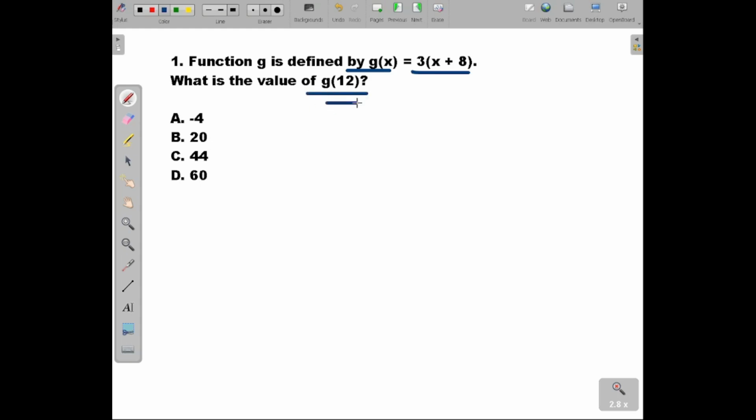We need to find g of 12, and that means that we have to replace in the function 12 for the value of x. So that's equal to 3 times, we said that x is equal to 12, so 12 plus 8.